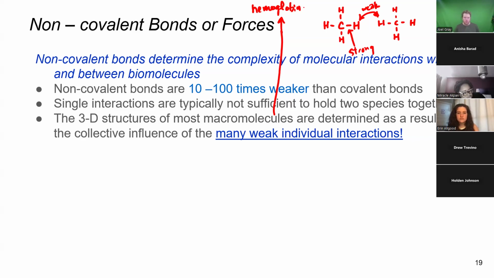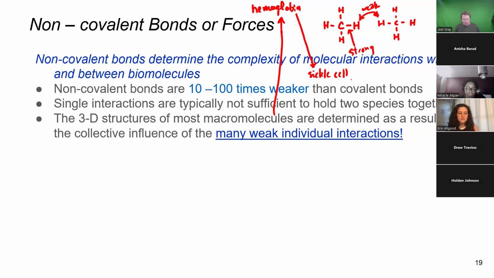That mutant form of hemoglobin that causes sickle cell anemia results from the protein taking on a different shape. So the 3D structure, what something looks like in three dimensions, is super important.